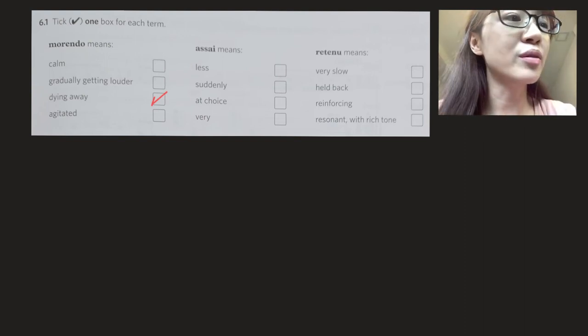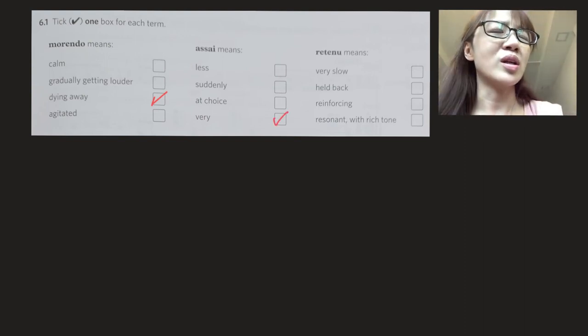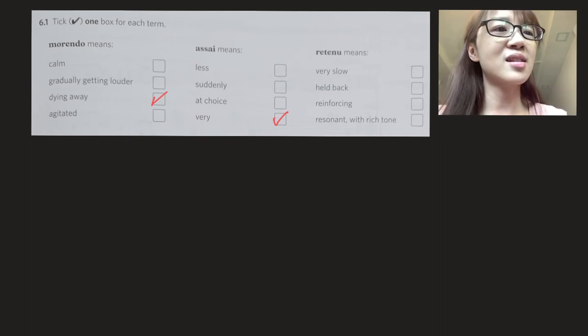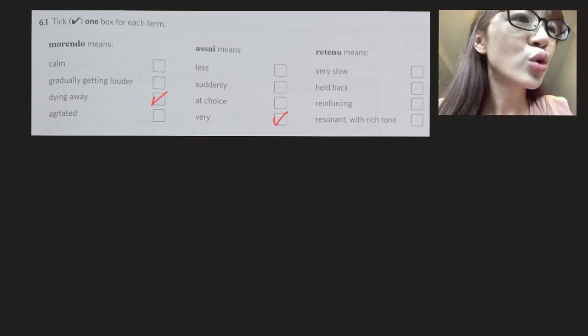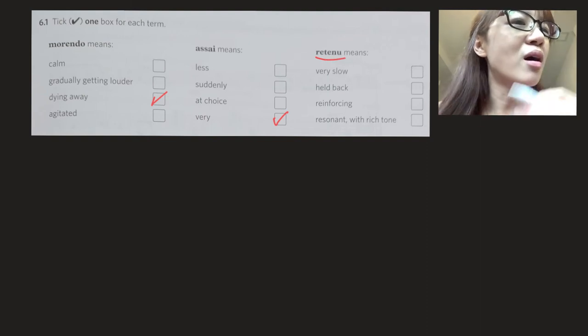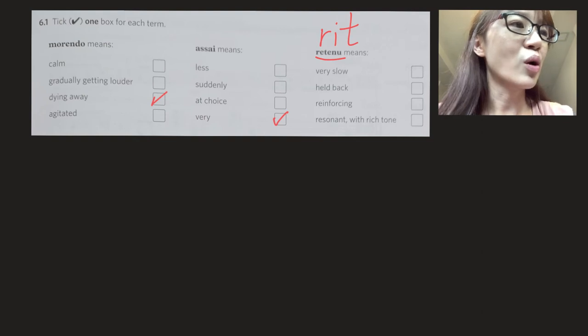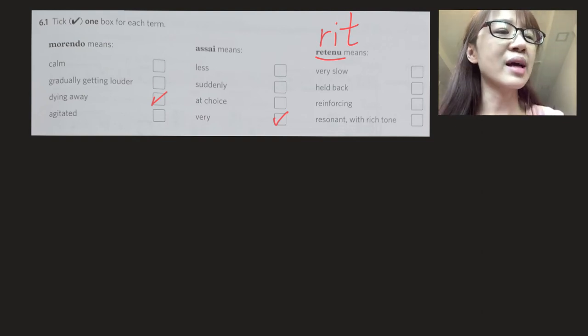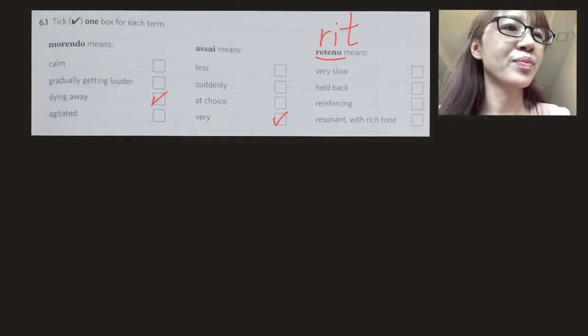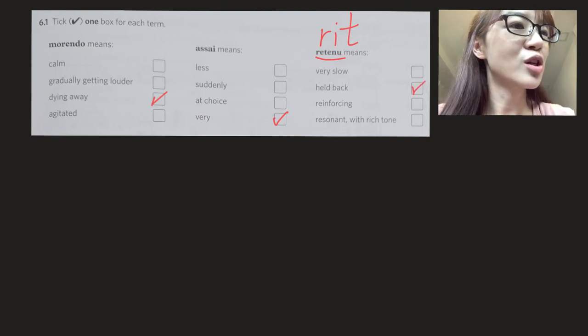Assai means very. You can say assai allegro, very fast. Ritenuto, similar to rit. That means hold back, slow down. The answer is held back.